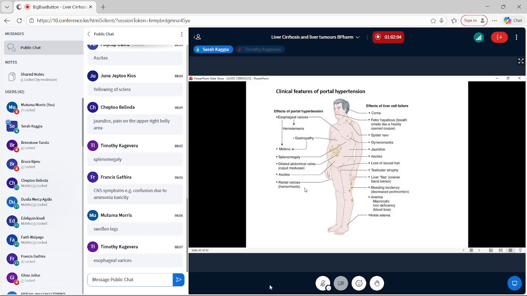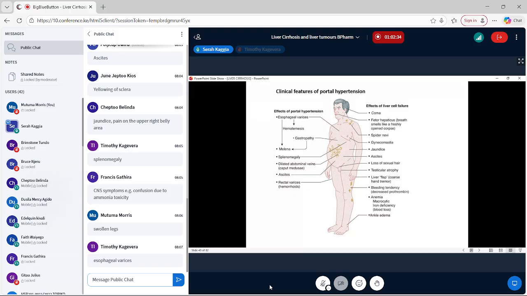So clinical features, we're just going to stress the effects, the esophageal varices. Those can cause bleeding, hematemesis, and if they're in excess, you may end up having hemorrhagic shock. You can have melena stools, because there's too much pressure in the splenic system also.